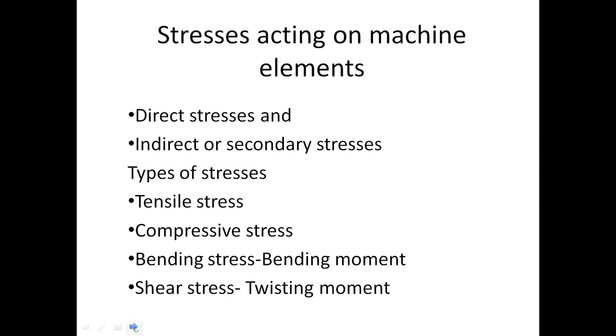In case of tensile stress, the strain is positive because of the longitudinal strain, which is positive. Because the dimension increases along the axial direction, otherwise along the lateral direction the dimension decreases. In case of compressive stress, along the axial direction dimension decreases, but along the lateral direction dimension increases. Therefore, in case of compressive stress, strain is negative along the longitudinal direction.